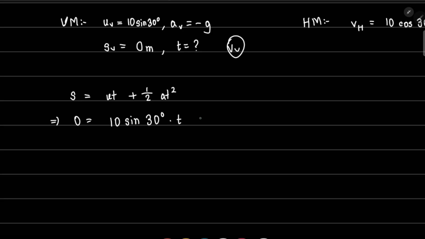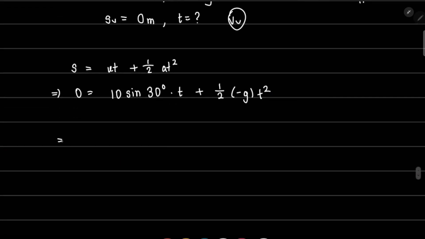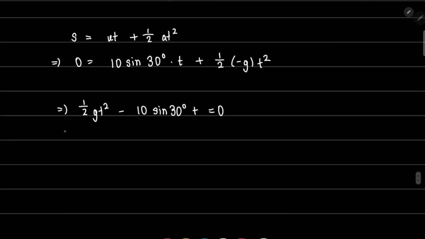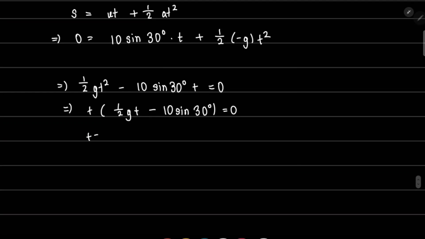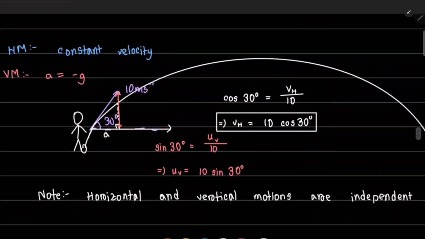We have a times t, and then plus half into minus g t squared. If we move everything to the left, we have half g t squared minus 10 sine 30 t equal to 0. We can take out t over here. We get half g t minus 10 sine 30 equals 0. So we get t equals 0, which is obvious.